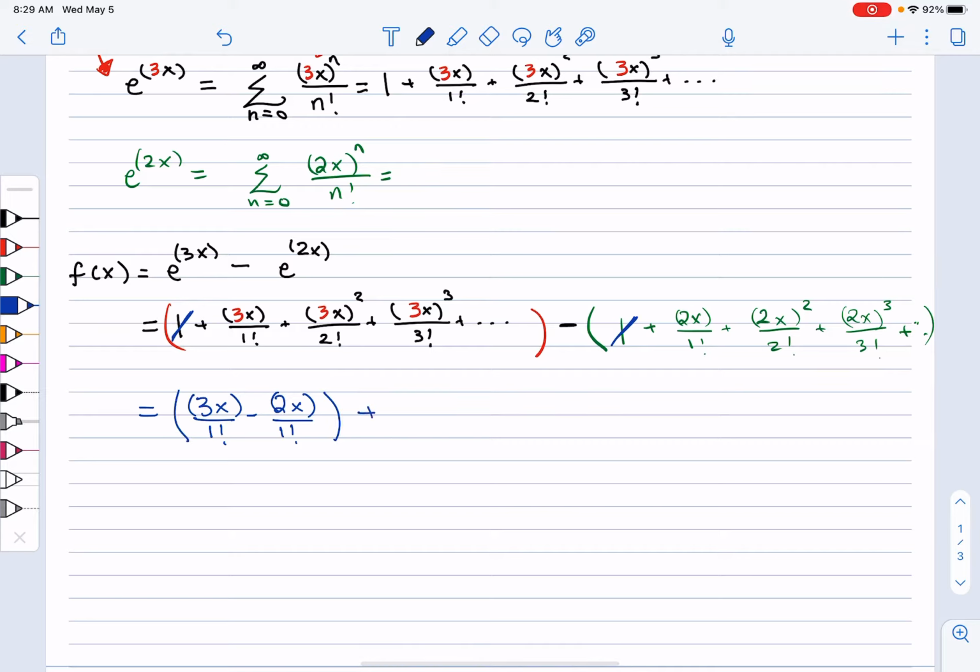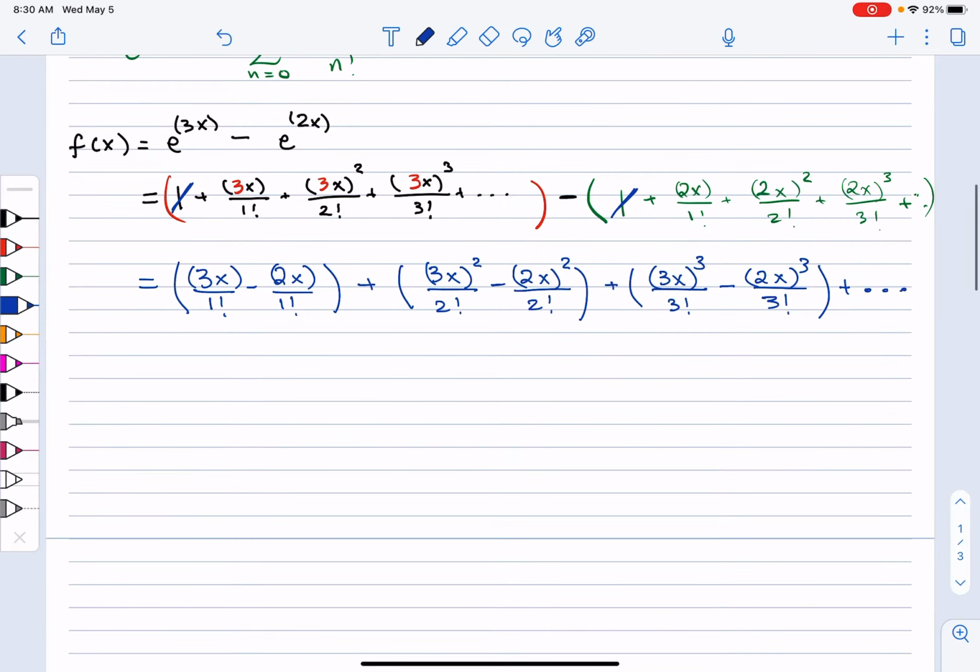I'm going to put plus 3x squared over 2 factorial minus 2x squared over 2 factorial plus 3x cubed over 3 factorial minus 2x cubed over 3 factorial, and then the idea will continue.